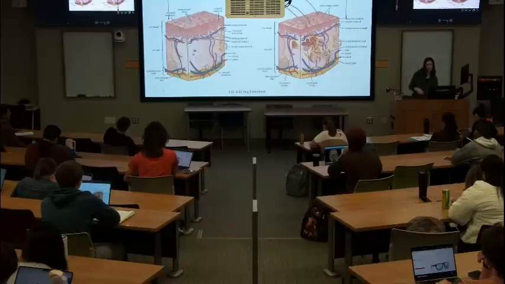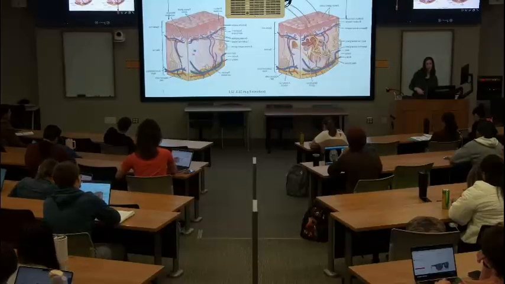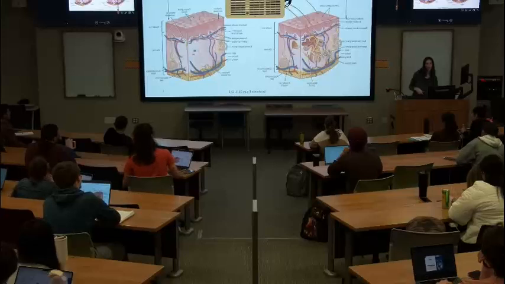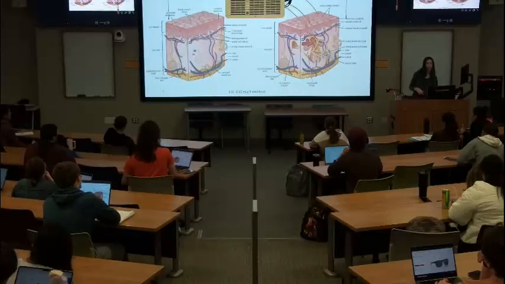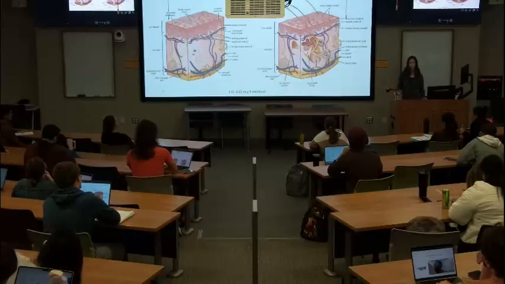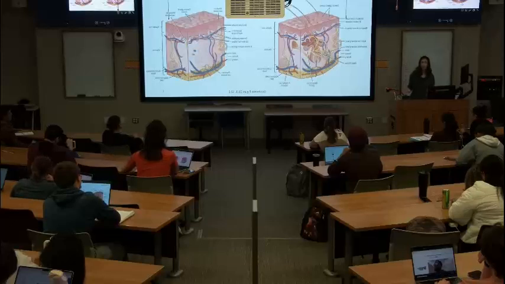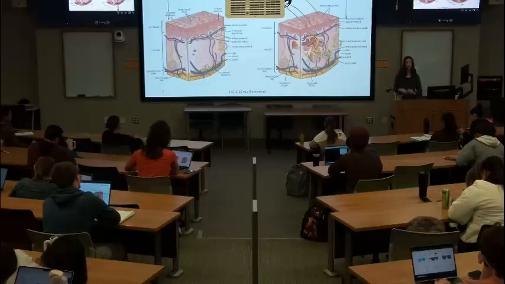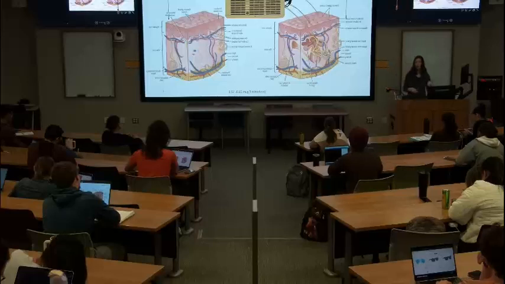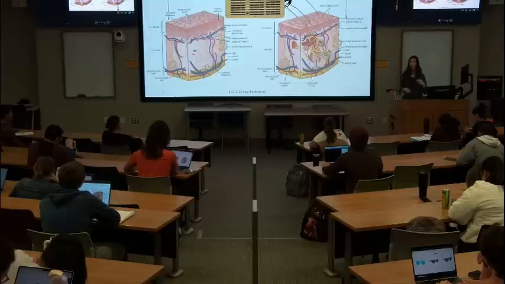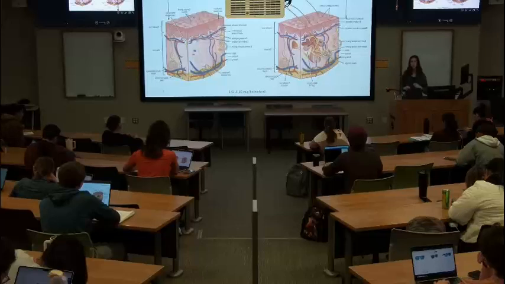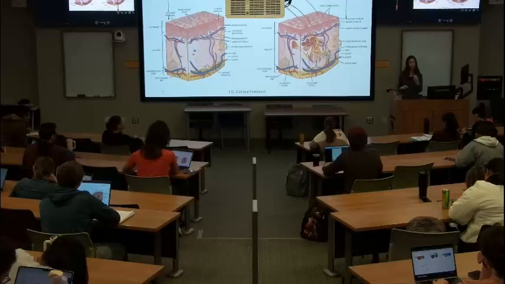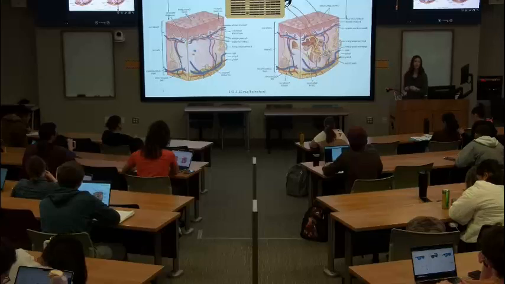If you look at the number of structures on this picture on the left versus on the right, you notice that there's a lot more on the left, right? And that's because of these accessory structures, things like hair and all the structures that come along with hair, so we call them pilosebaceous units, right? Because it's a hair, a sebaceous gland, and a muscle called an erector pili, right?